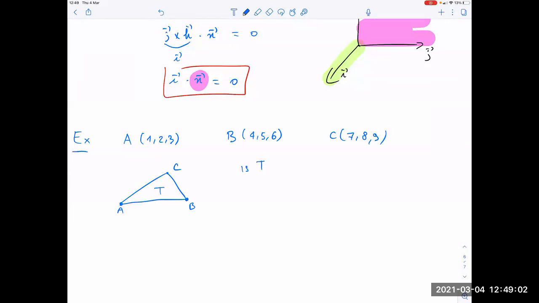So is T equilateral, isosceles, right angle? So this is the first group of questions, say.